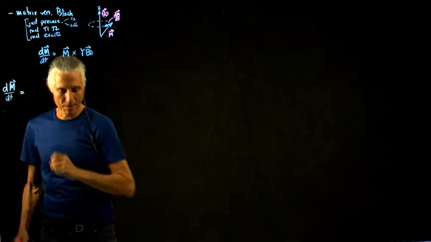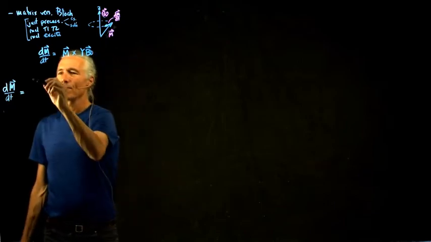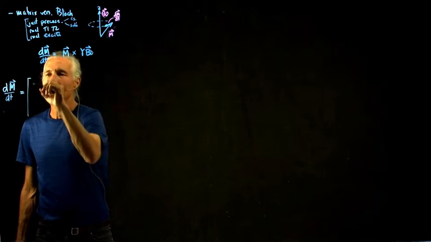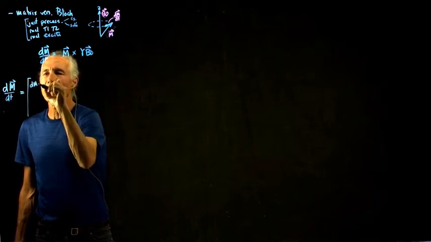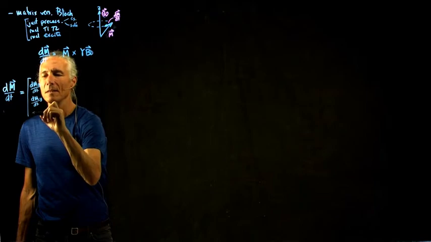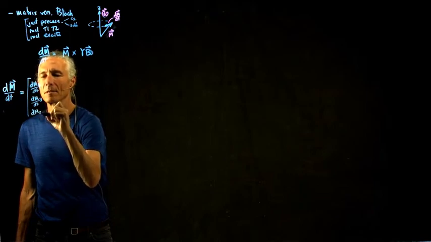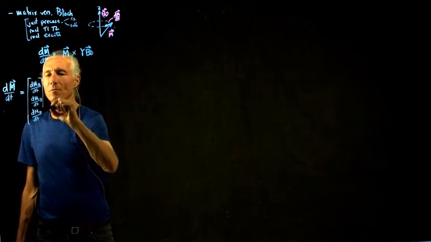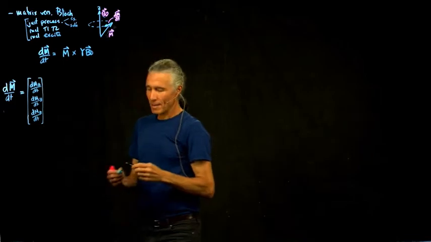We could write that out as a column vector. So that would be the x component, and then the y component, and then the z component. So that's just a 3-number column vector.